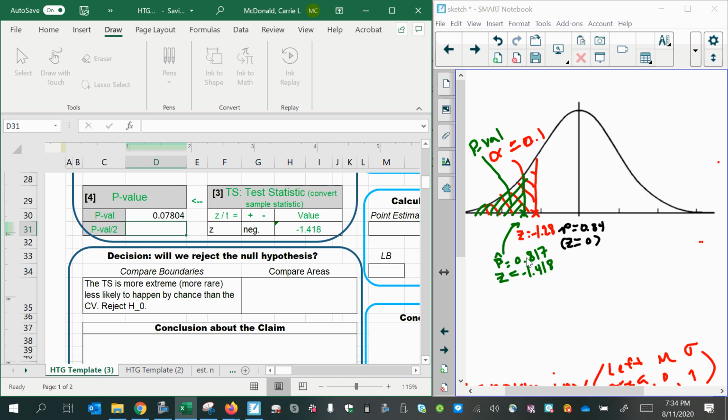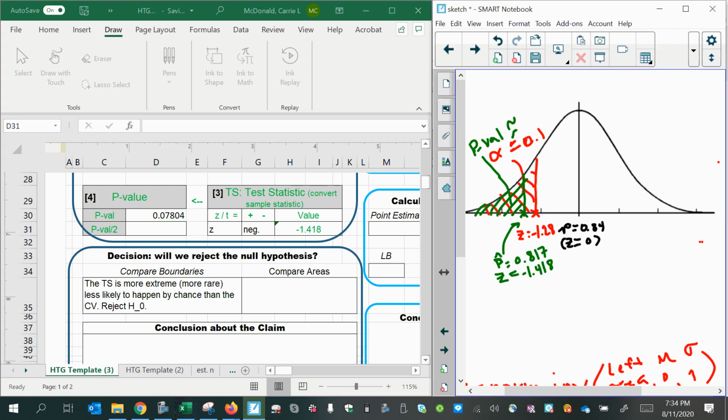So now we have our area. When it rounds, we usually round to 3 significant digits, or 4 decimal places is a good standard also. So we have a p-value of 0.0781 compared with an area of 0.10.